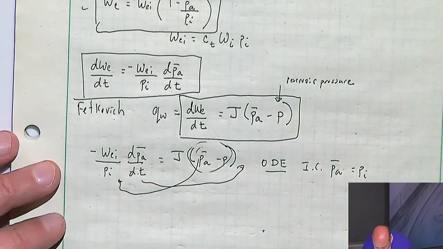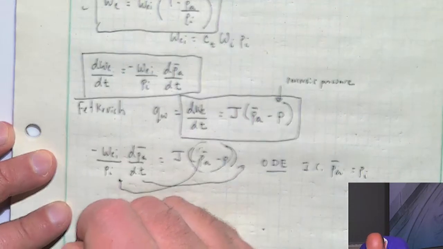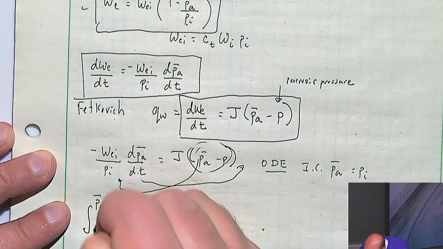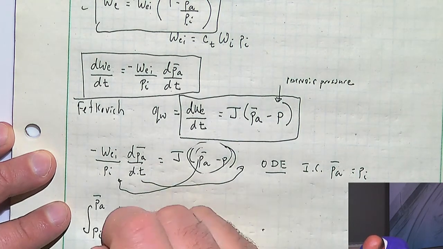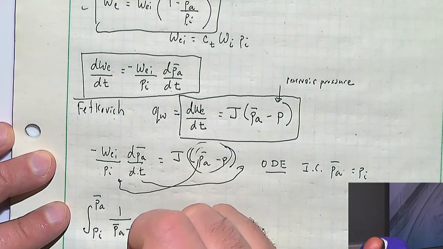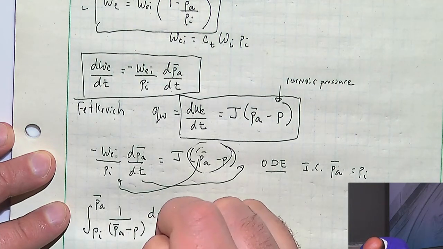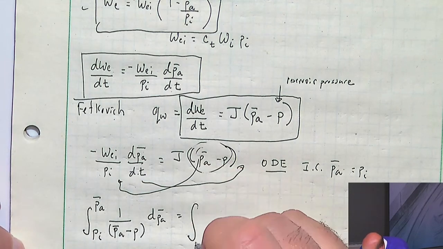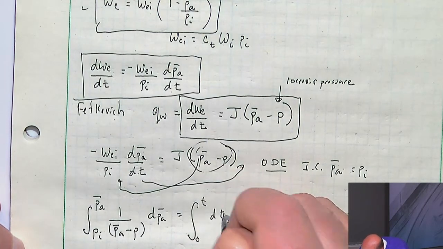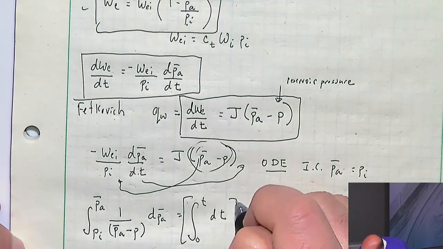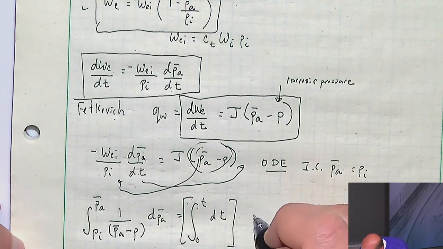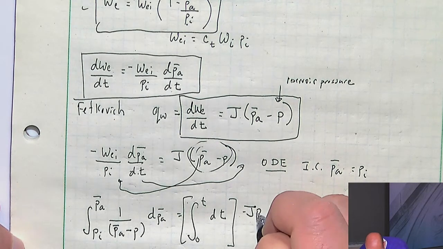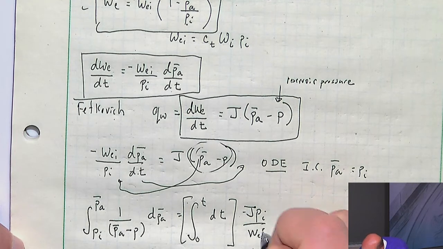And when I do that, what you have is the integral from the initial pressure to the current average aquifer pressure of 1 over (PA bar minus P) dPA bar is equal to the integral from 0 to t of dt. And I should have put this in front, but I'll multiply that by J PI over WEI.